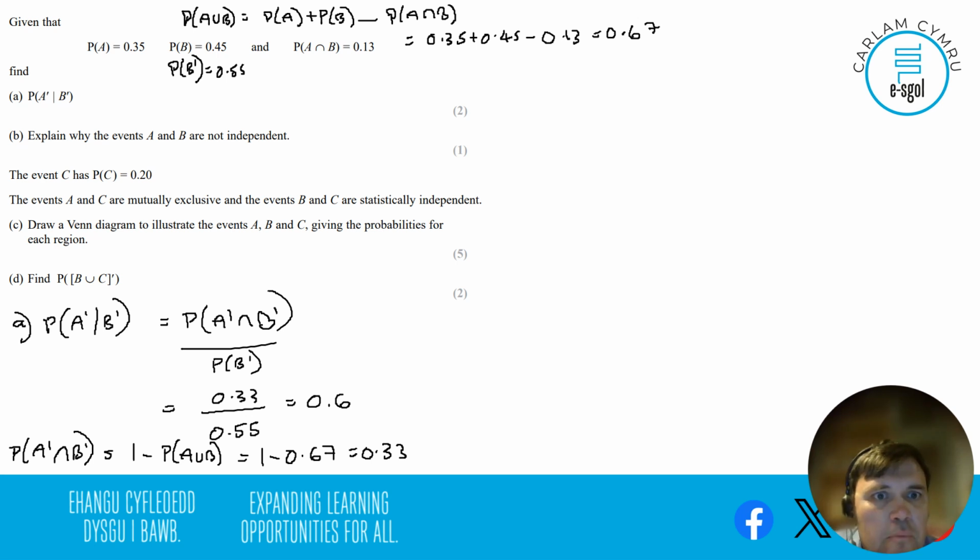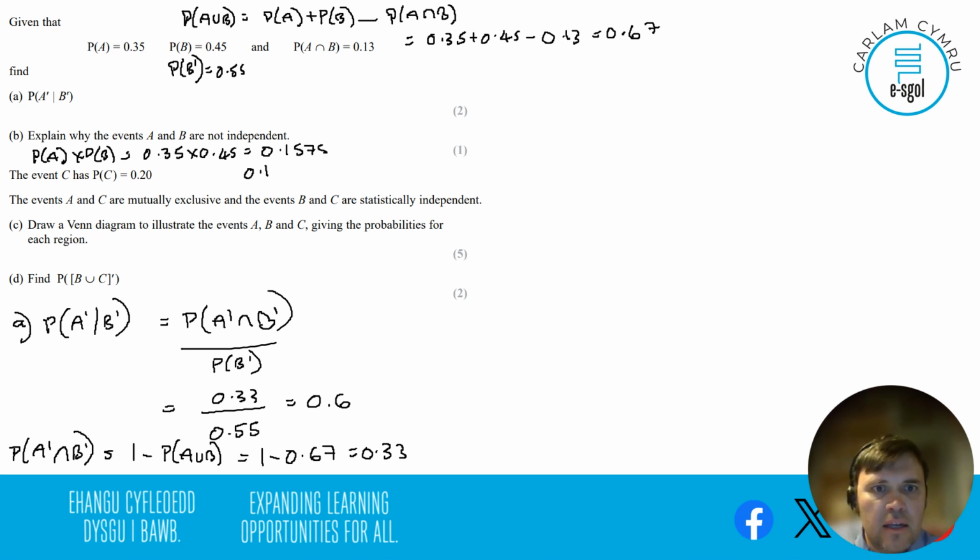Explain why A and B are not independent. Well, if they were independent, we would have that the probability of A times the probability of B, which is 0.35 times 0.45, equals 0.1575.